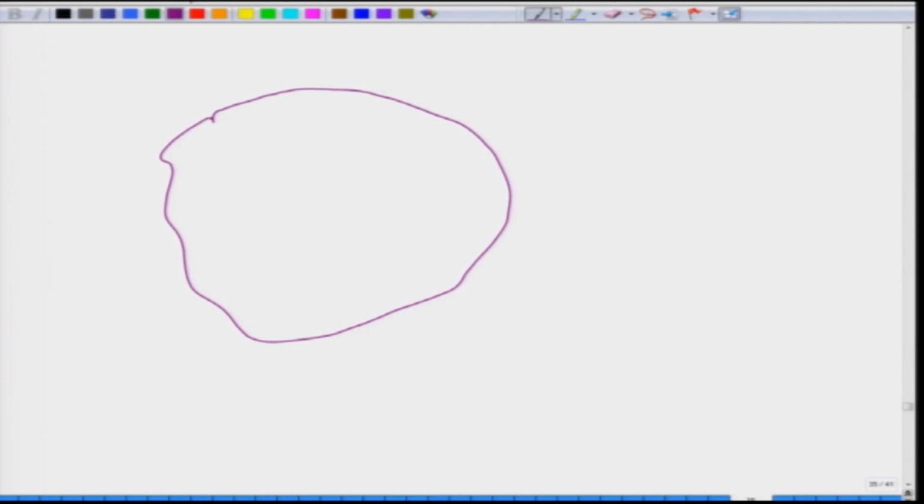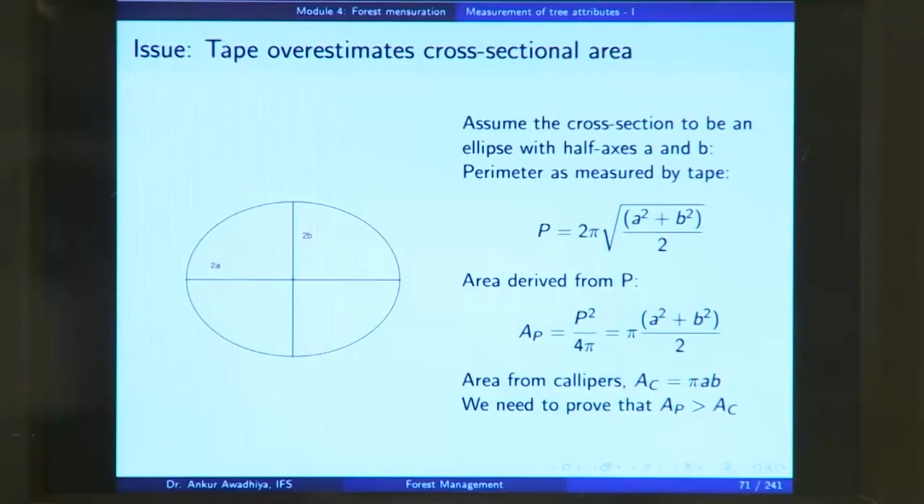So, the amount of error, or the amount of overestimation that creeps in with a tape, goes on increasing with all of these irregularities, and finally the basal area or the cross sectional area that is measured using a tape is very much greater than the cross sectional area that is measured using the calipers. So, this is something that you need to keep in mind, that the tape overestimates the cross sectional area as compared to the calipers.